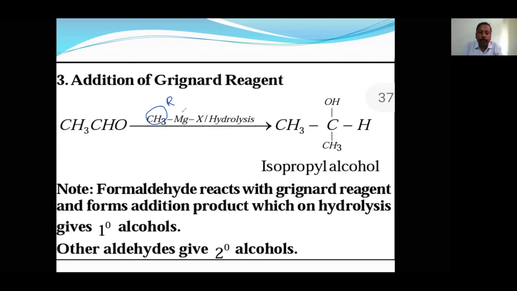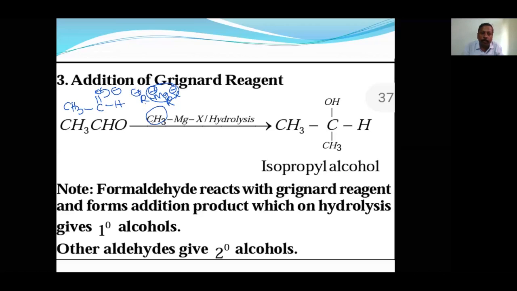In RMgX, which is the nucleophile and which is the electrophile? Here magnesium will be positive and X will be negative. Is that understood? So Mg will be attacking on the oxygen, and the alkyl group will be attached on the carbon. So this will be OMgX and the alkyl group. This will go this side, this will be negative, this carbon will be positive.